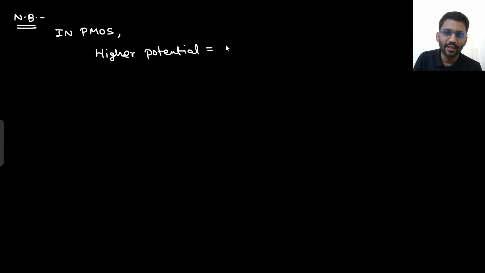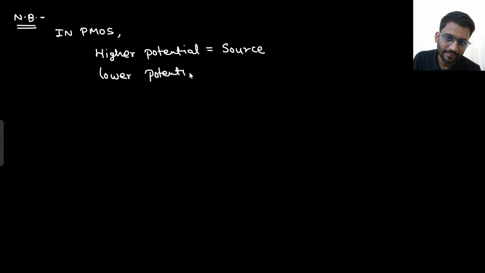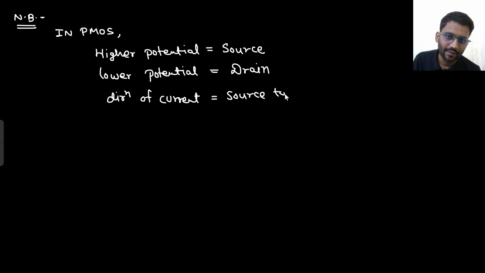In case of PMOS, higher potential is source and lower potential is drain. And what was the direction of current? Source to drain.